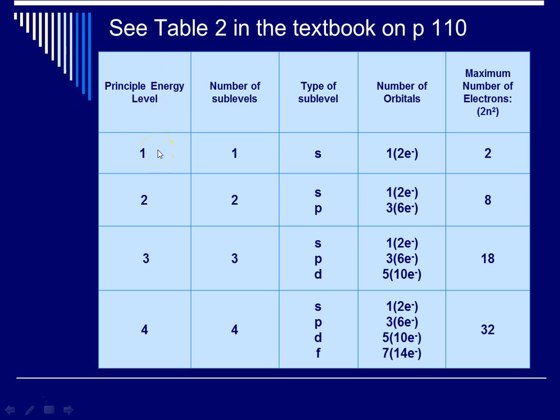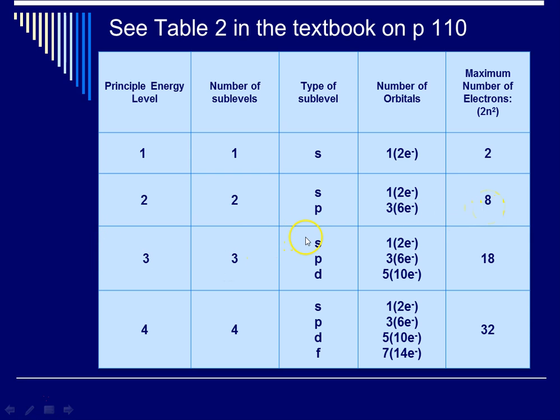So here again, principal level 1, there's 1 sublevel, it's called S. It has 1 orbital that holds 2 electrons. And then here, level 2 has 2 sublevels, the S and the P sublevel. 1 orbital, 3 orbitals, so 1 times 2 is 2, and 3 times 2 is 6. So there's 8.